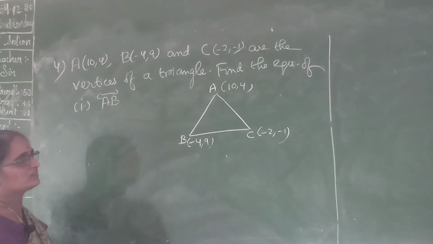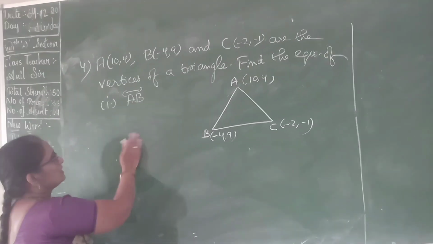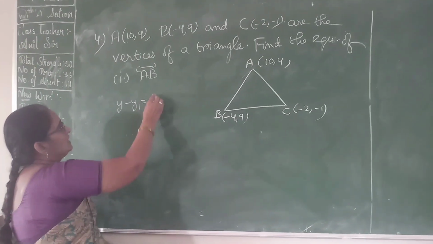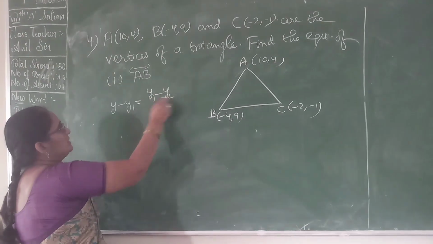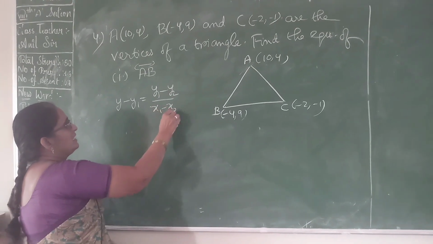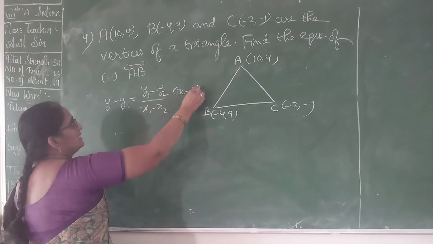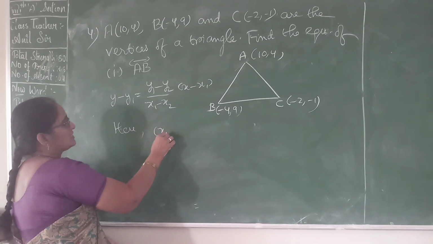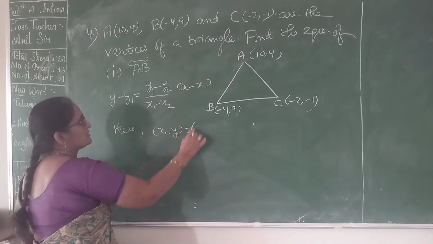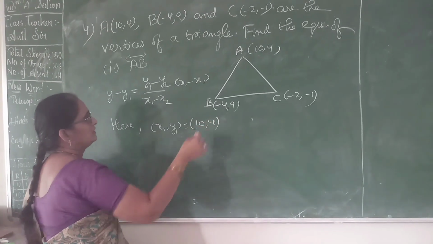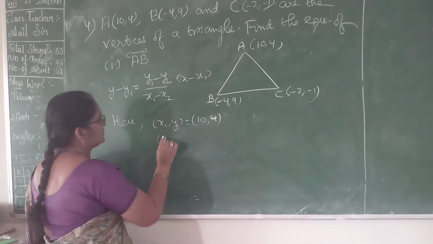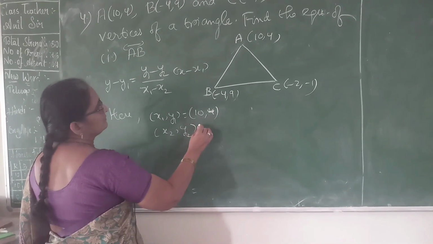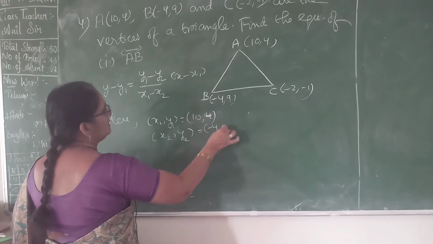Two points are given, so as usual we use the formula y minus y1 is equal to (y1 minus y2) by (x1 minus x2) into (x minus x1). Here x1, y1 you can take as 10, 4 and x2, y2 as -4, 9.